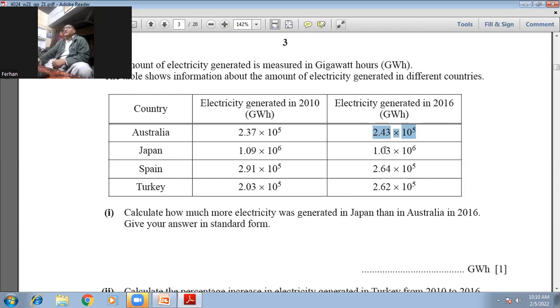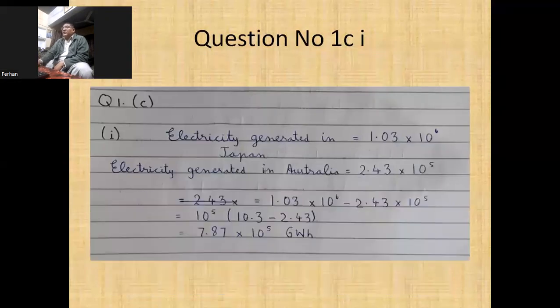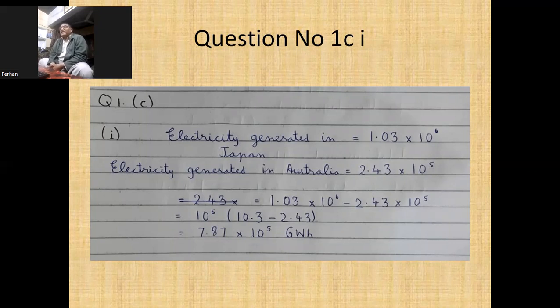This one is the larger number, so from this I will subtract this number, so you will get the difference. So let me show you my work. So here we go. The electricity generated in Japan is 1.03 x 10^6, and electricity generated in Australia is 2.43 x 10^5. So we will subtract them.